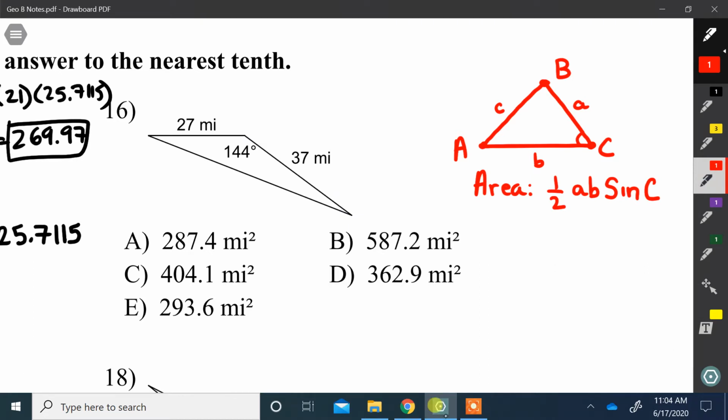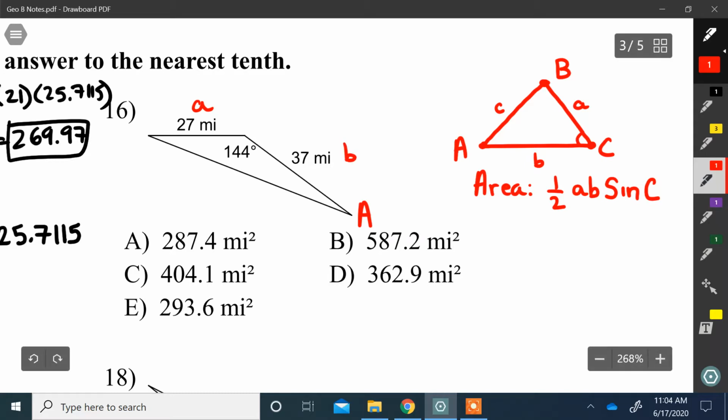So if this is A, that means that this is big A. If this is B, that means that this would be big B. Okay, remember, it's the one opposite to each other. Then this right here will be C, and this will be little c.